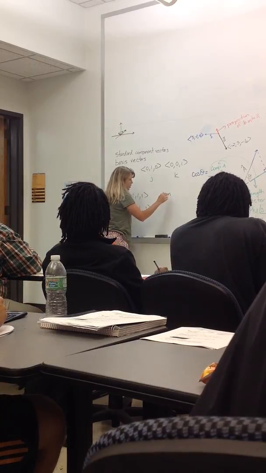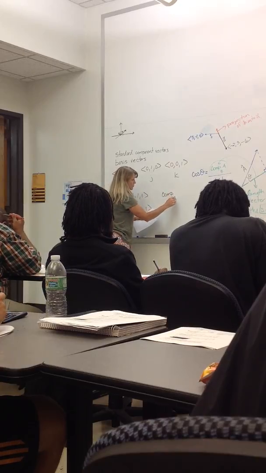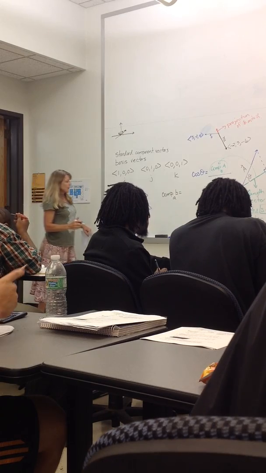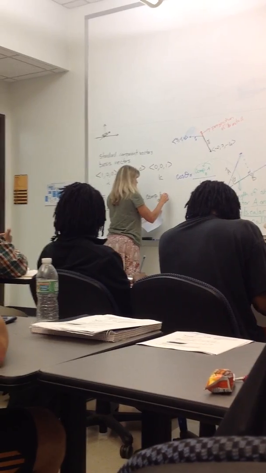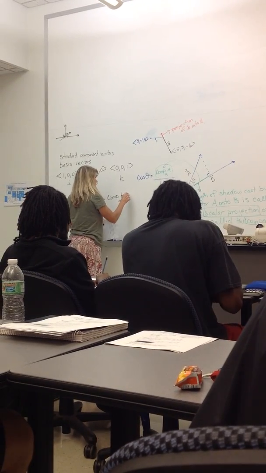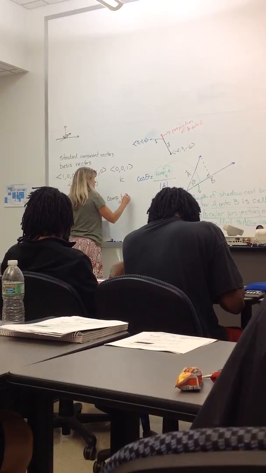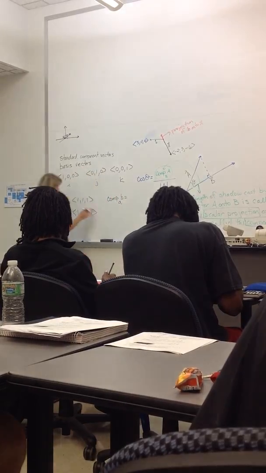Okay, so let's follow the same directions. We're trying to find the component of B onto A, so we're projecting B onto A. Where this all comes from: first, you dot your two vectors.